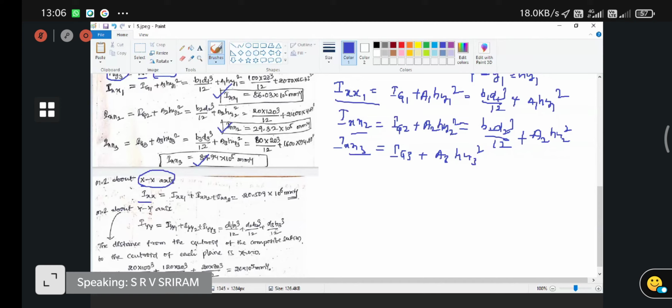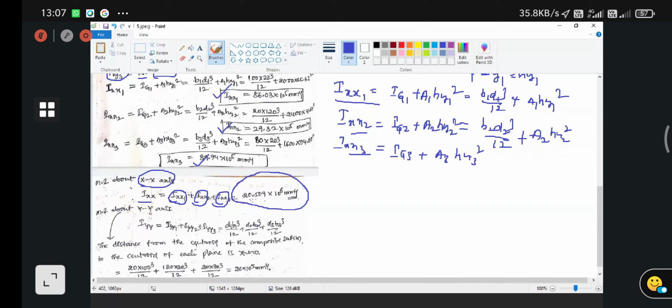Okay, now the moment of inertia about the total xx axis, that is your base axis, is equal to the base axis moment of inertia IXX1 plus IXX2 plus IXX3. Add those total values and you are going to get 20.509 into 10 power 6. This is the total moment of inertia about the xx axis. Like this you have to find it out.